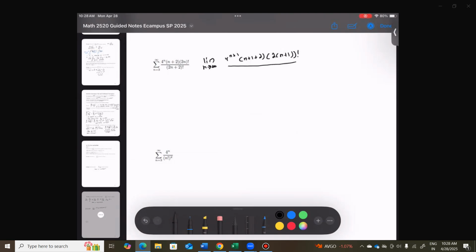And this will be over 2n plus 1 plus 2 factorial. Alright, and then the whole thing will be over 4 to the n plus 2, 2n factorial over 2n plus 2 factorial.